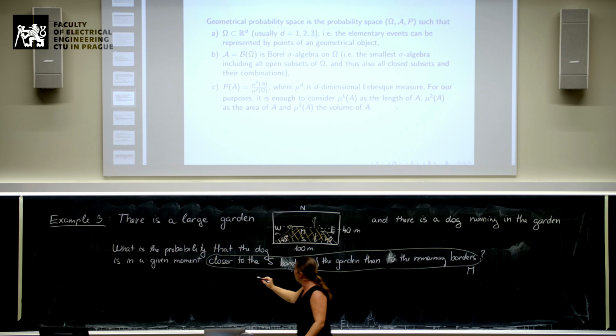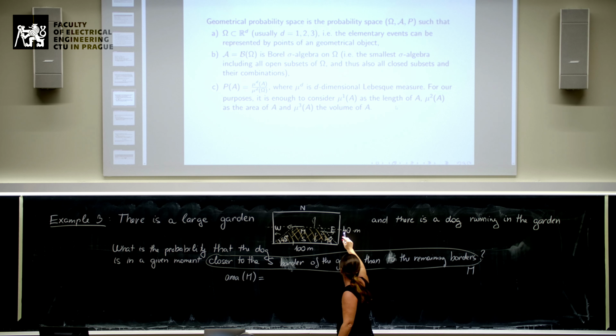So the area of M is, when we have 45 degrees, here it means that half of 40 meters, half of this length, is equal to 20 meters. When we have a 45 degrees angle here, the same angle is here. It means that here we have the same length, 20 meters, and analogous situation is here. Again, we have 20 meters here. So the remaining length is equal to 60 meters.